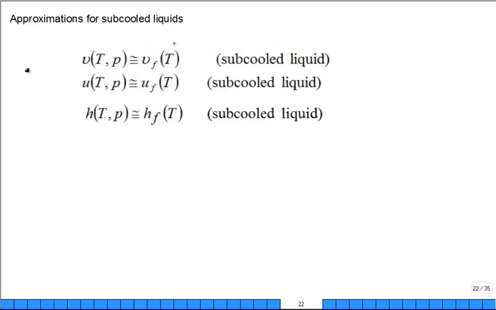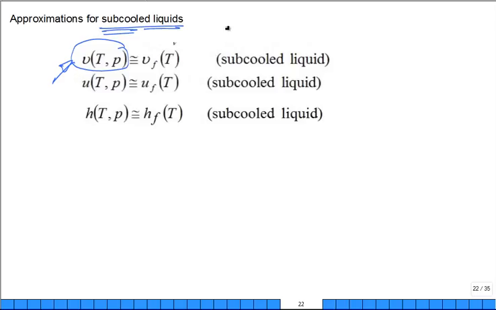Let's say you don't have some data and you want to make an approximation. These are very common approximations for liquids which are subcooled. If you're looking for the specific volume of a liquid, as I change the pressure of a liquid, it doesn't really affect it much. It's incompressible.